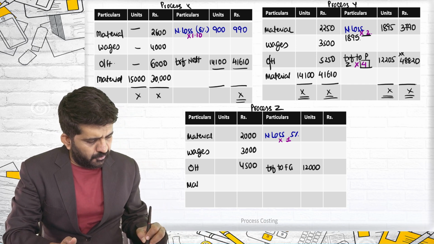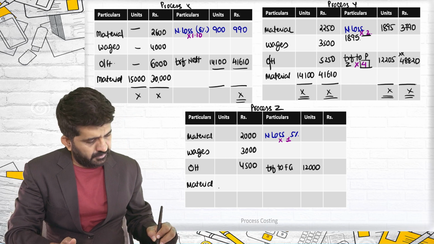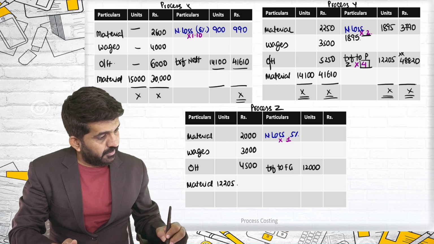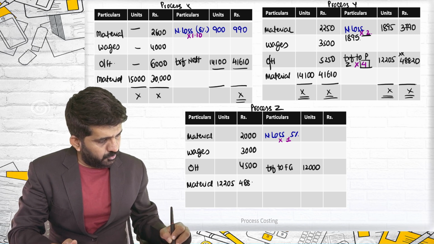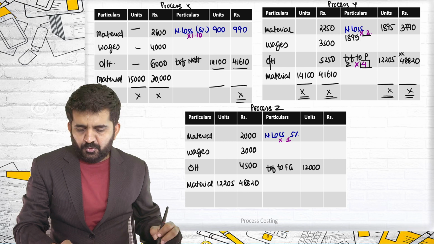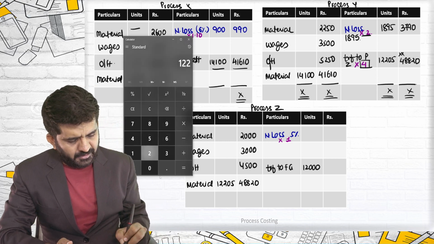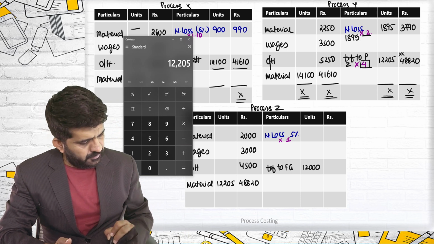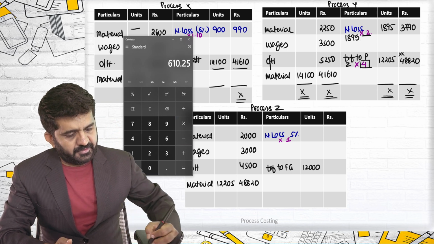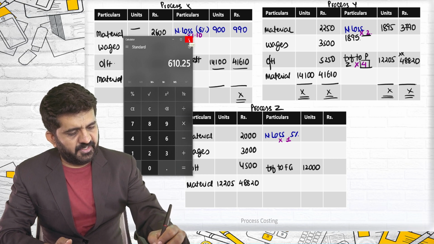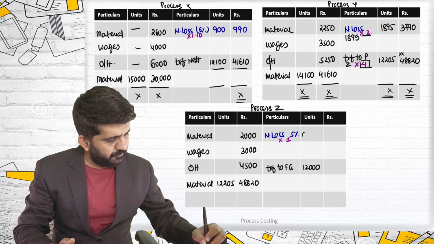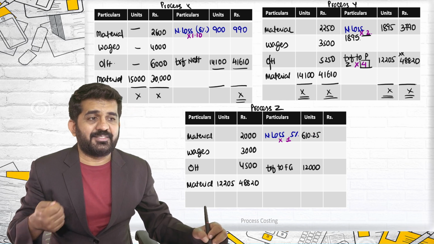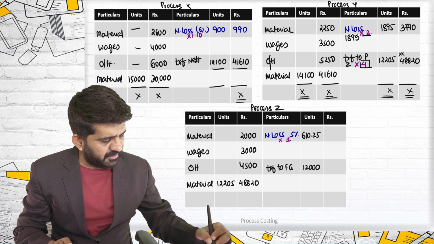So material introduced in process Z is 12,205 units at 48,820. I know normal loss is 5%. So 12,205 multiplied by 5% is 610.25. I can take it either 610 or 611. I'm taking 610.